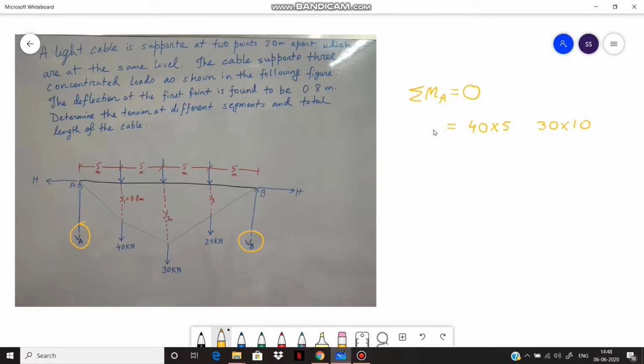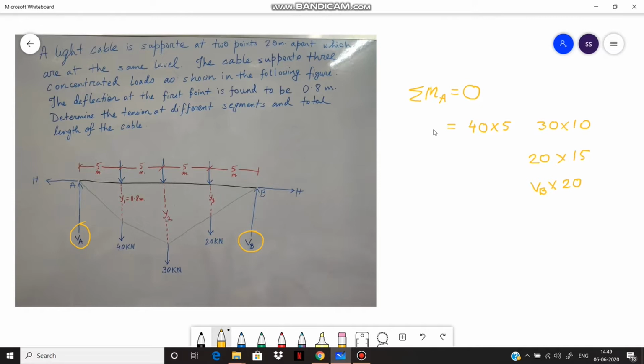The next moment is 20 multiplied by 15, and the next moment is due to the force, there is a reaction force VB multiplied by 20.